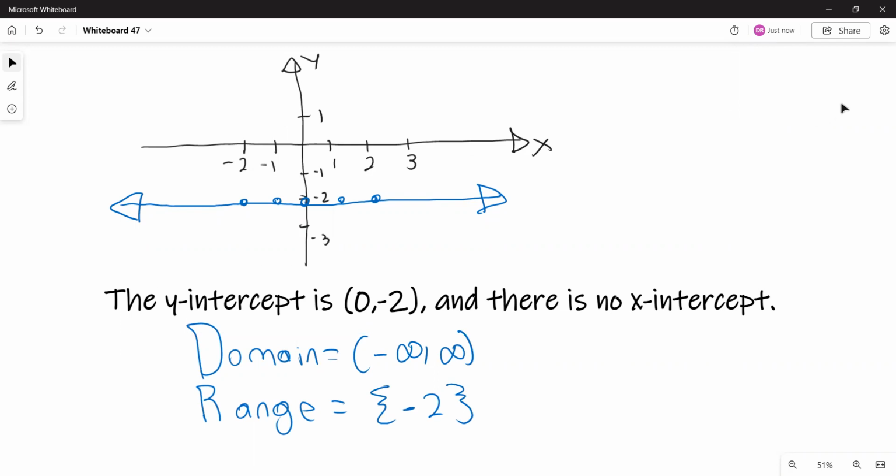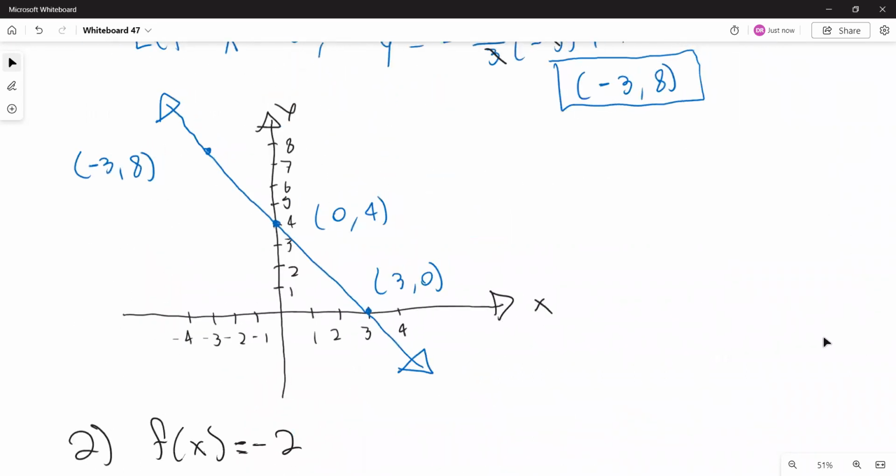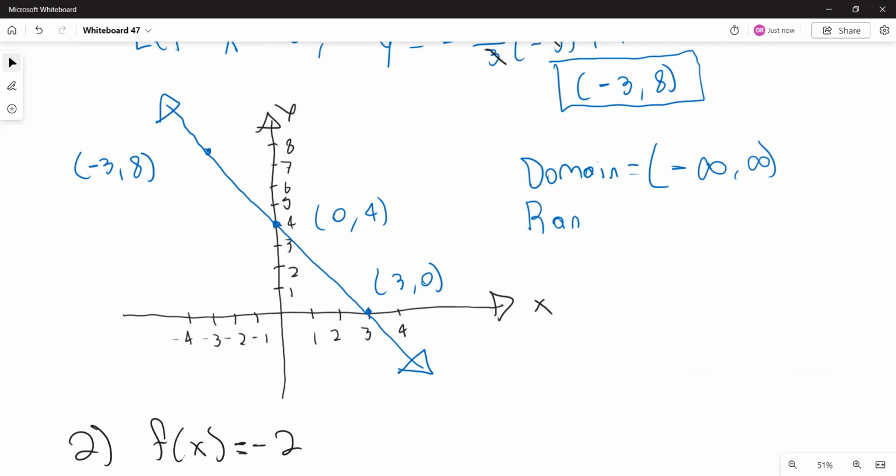I didn't write the domain and range of the last one. But in the first example, the domain and range are both all real numbers. So the domain is going to be all real numbers. It keeps rising to the left and falling to the right. So the domain is all real numbers, and the range is also all real numbers.